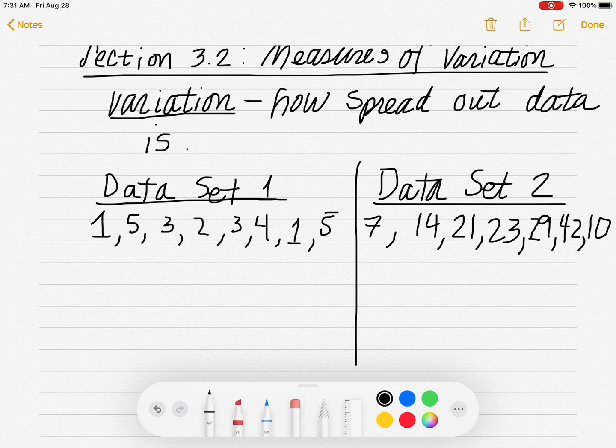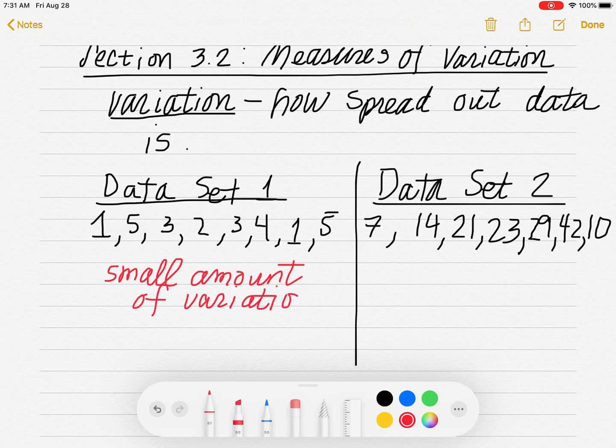So data set 1, notice how all the numbers are close together, right? So relatively speaking, there's a small amount of variation in data set 1 because everything's bunched together. And data set 2, notice how things are kind of all over the place, right?